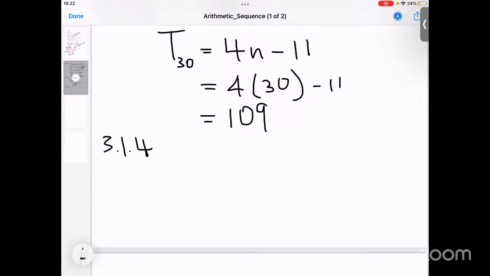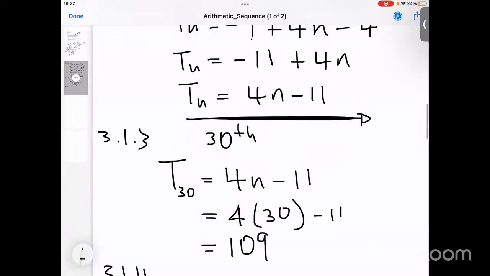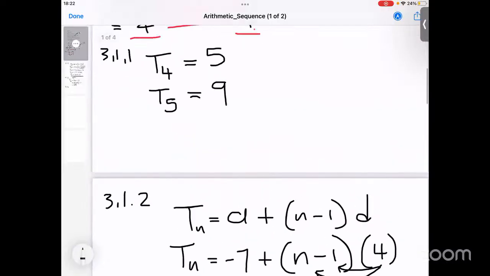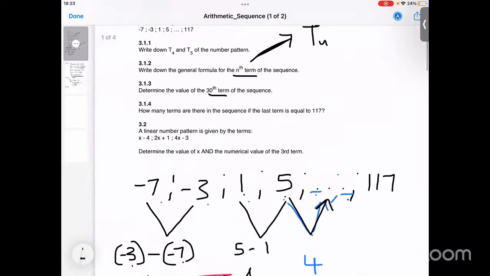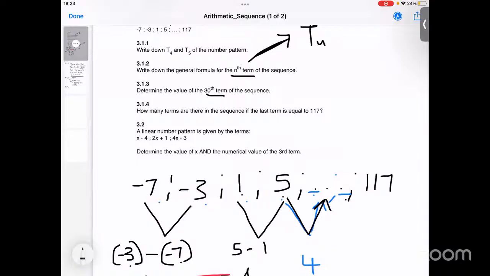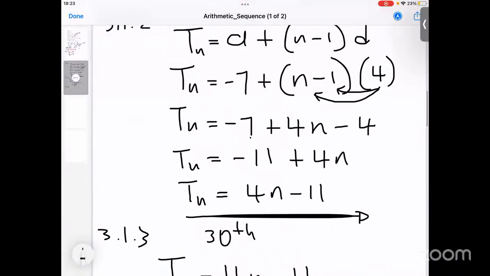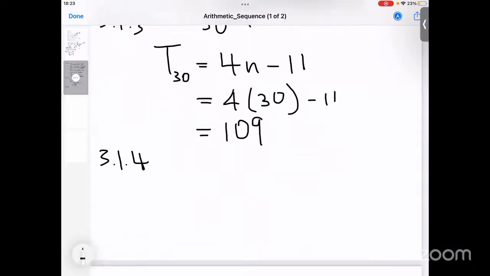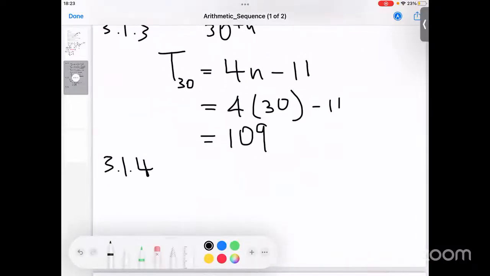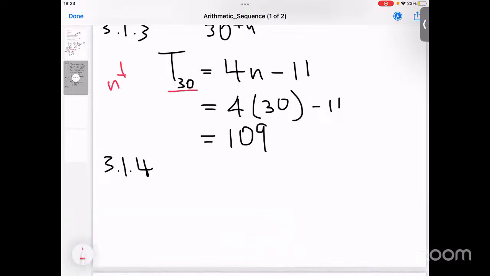So now 3.1.4, what do they want there? Let's see what the question was. How many terms are there in the sequence if the last term is that? This type of question, very easy, honorable member. This is where I was saying, you will just need to be careful with the question to know in which instances you are calculating Tn, being the nth term, just like they said the 30th term.